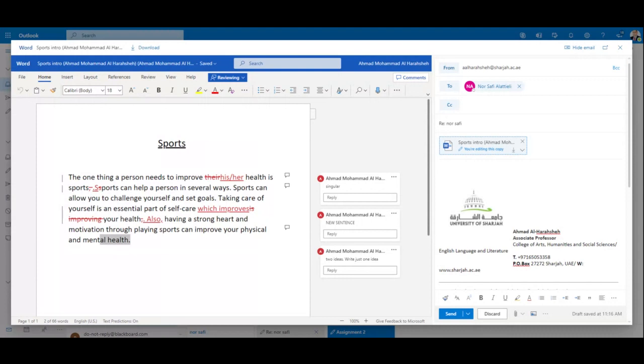You can't include them in one essay. All right, Noor? So you have to select only one topic. Rewrite your thesis statement.